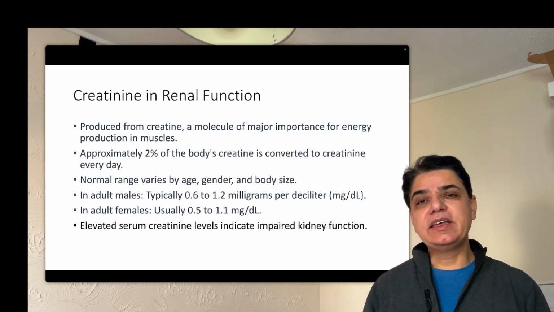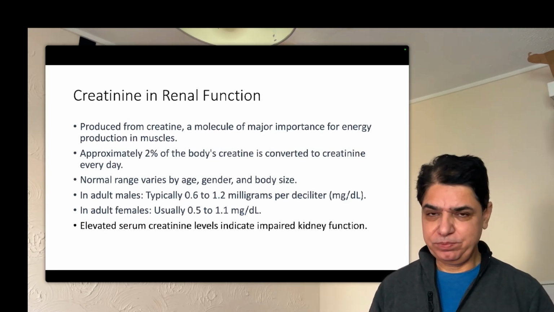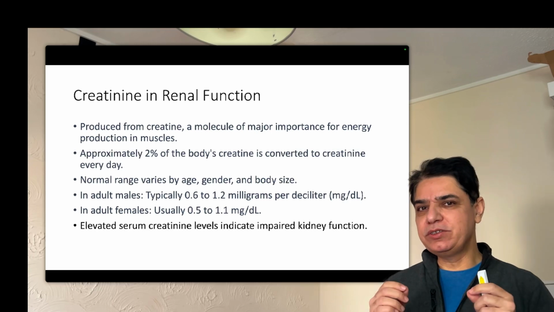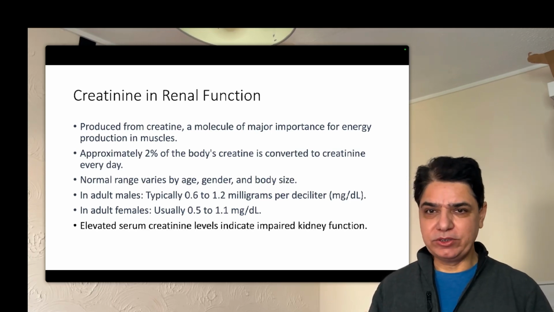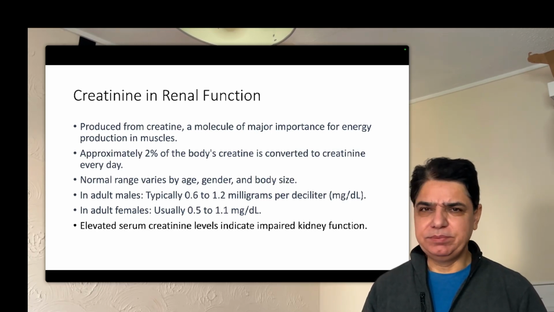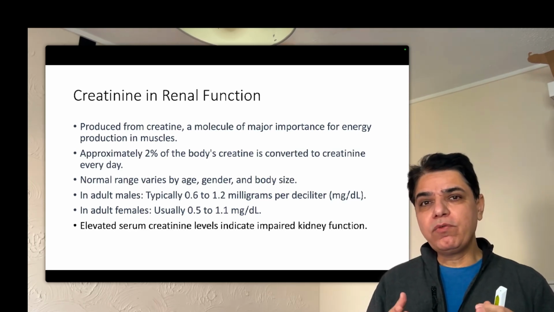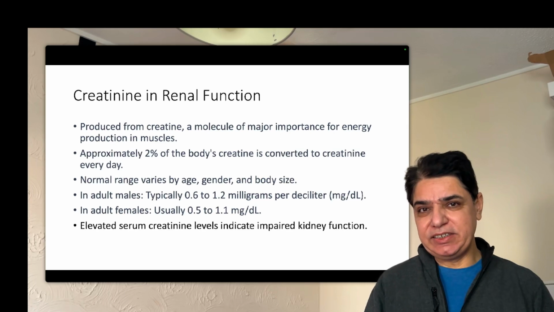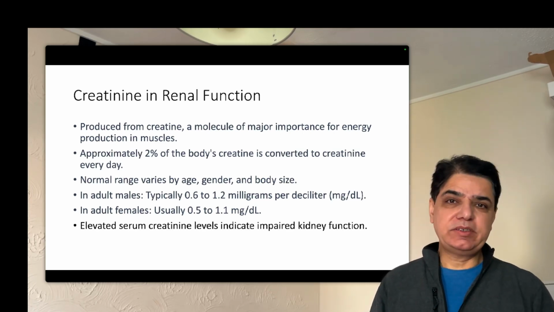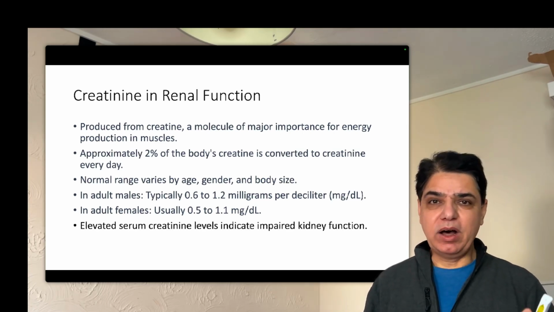So the first thing is serum creatinine. Serum creatinine is done as a part of the renal function test. Now, what is creatinine? Creatinine is a metabolite which is formed from a protein known as creatine. This creatine is present in the human muscle mass.